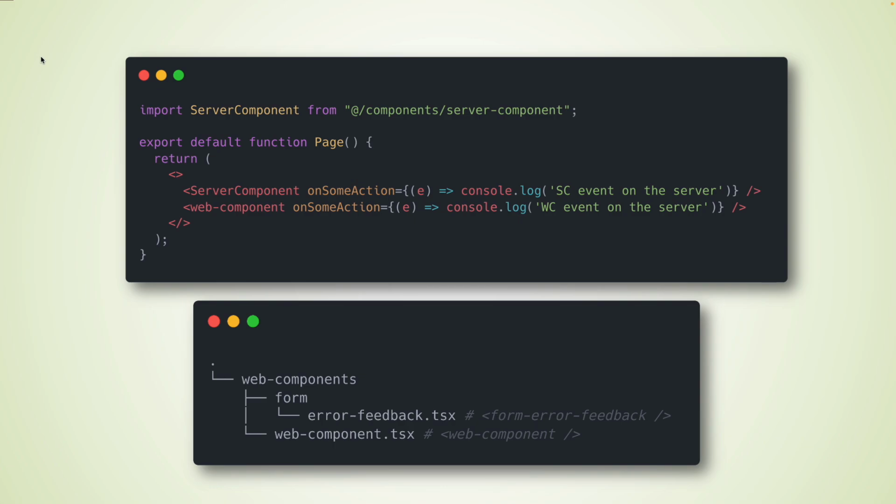This is an example of a server component in Brisa. This is a page, and here we are consuming a server component and also a web component. And as you can see, all the code is server code. Here we don't have an import of a client file because the web component is part of the HTML, like a div or another element.